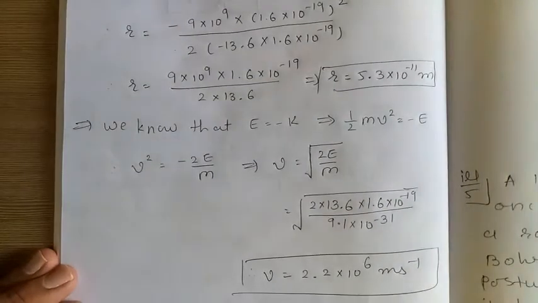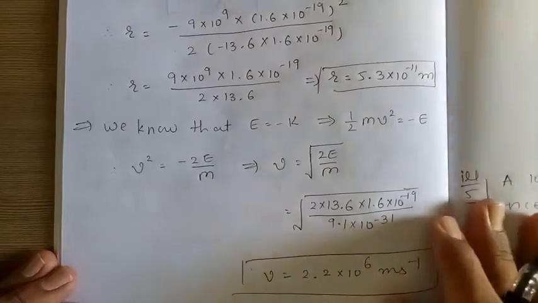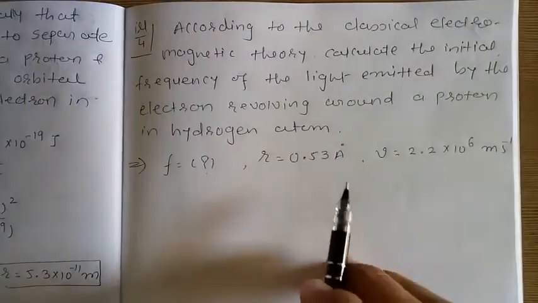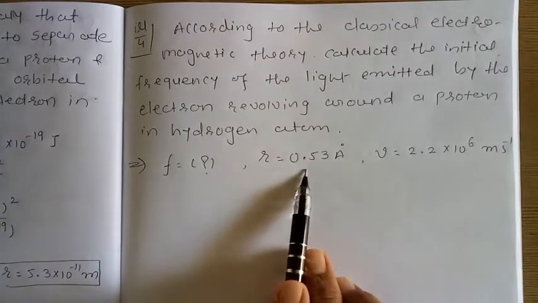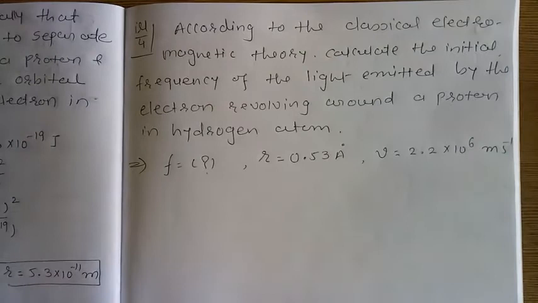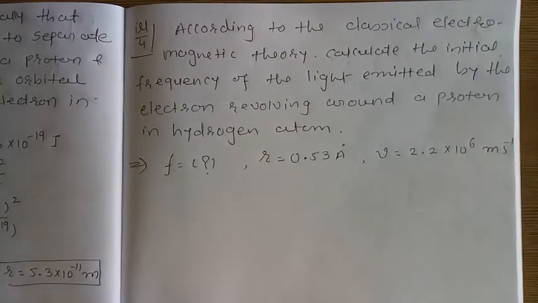And we already calculated the value of velocity, V is equal to 2.2 into 10 raised to 6, right? So you have to take the radius r is equal to 0.53 angstrom and the velocity 2.2 into 10 raised to 6 meter per second, right?